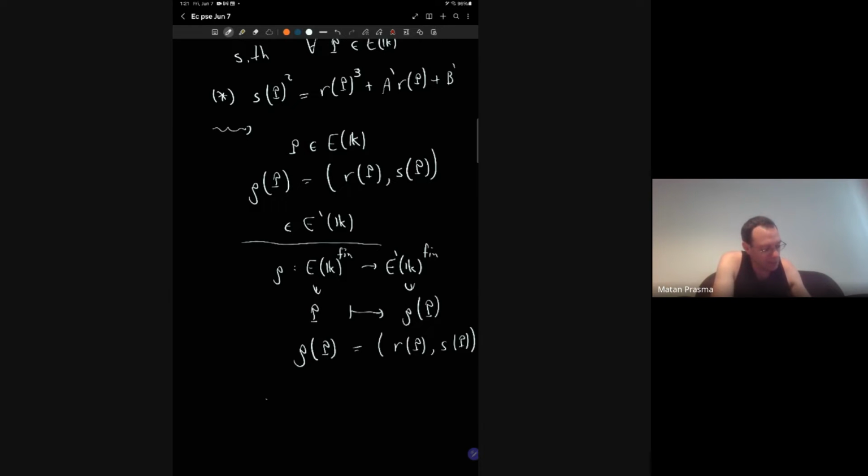It means I regard R of P as the x, S of P as the y, and I want y squared equals all the rest of it. So S of P squared needs to be R of P cubed and so on, which is what is written in star.